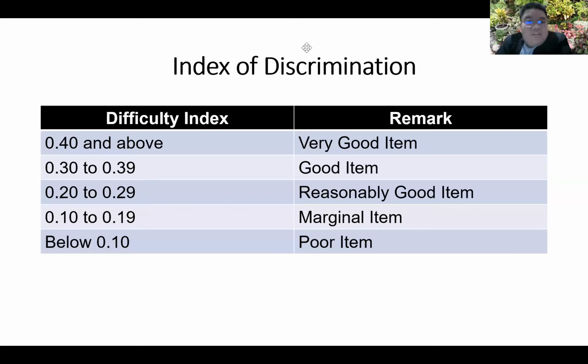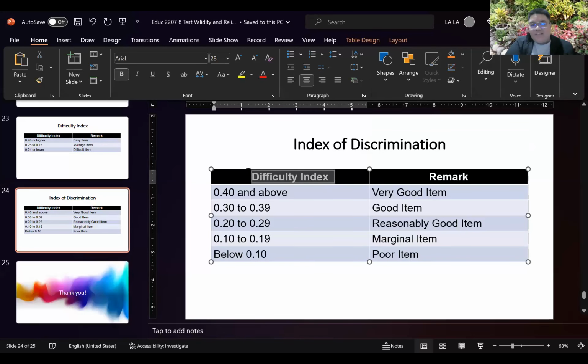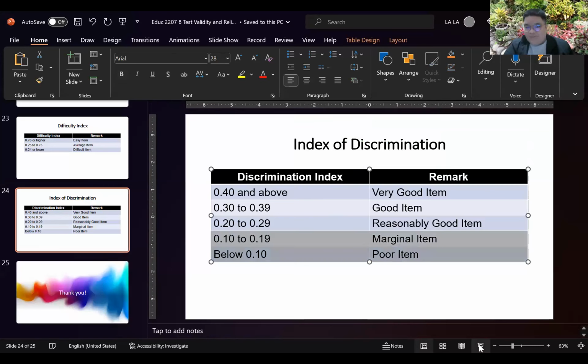Class, sa discrimination index natin, dapat po mag-revise tayo ng questionnaire or dapat i-revise natin class ang questions once the result is already at 0.10 to 0.9 and below. Okay? So again, we revise the results if the results is from 0.10, 0.9 and below.